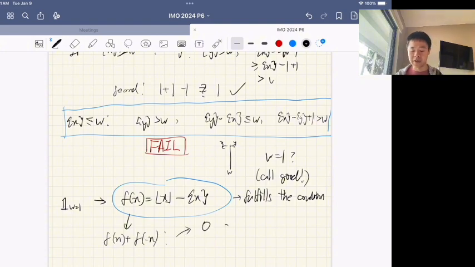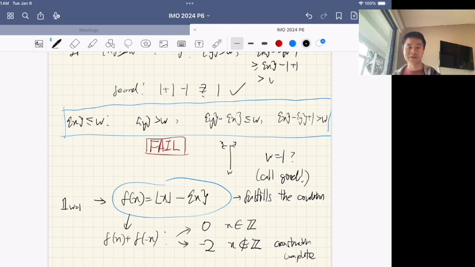It will be 0 if x is an integer. You can show that this is actually -2 if x is not an integer. So the construction is complete. So yeah, with this construction, we can be sure to say that we have solved the problem.